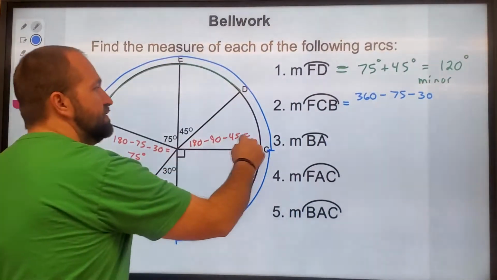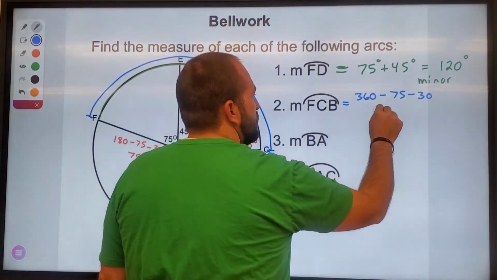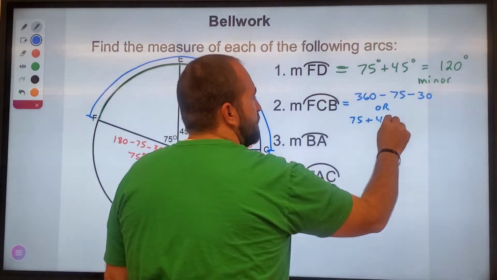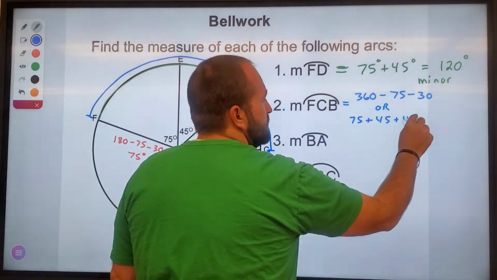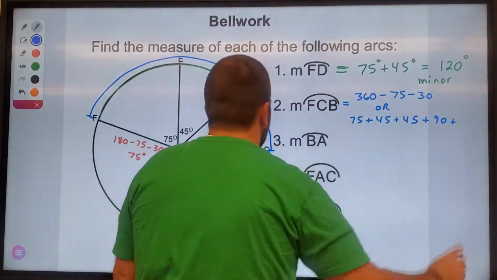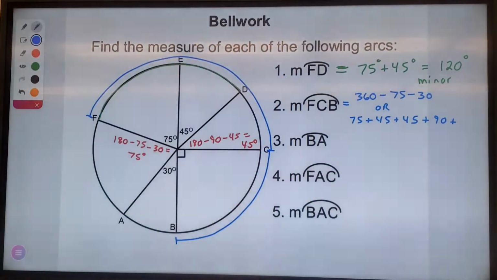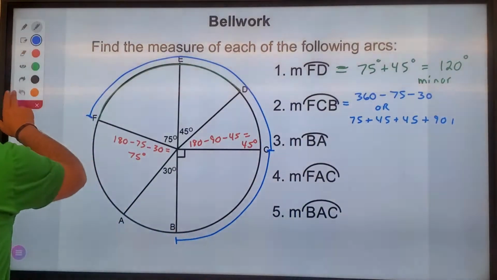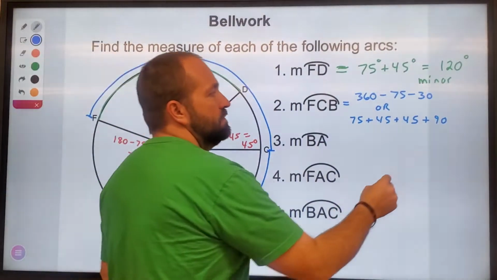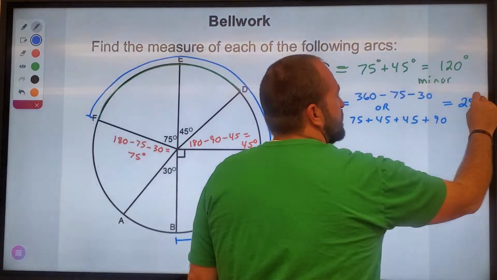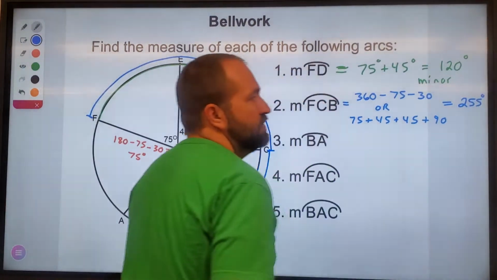So I could take the 75 plus the 45 plus the other 45 plus the 90. It's just those four. And I could add them together. Okay. Either one of these is going to show me that this is 255 degrees.